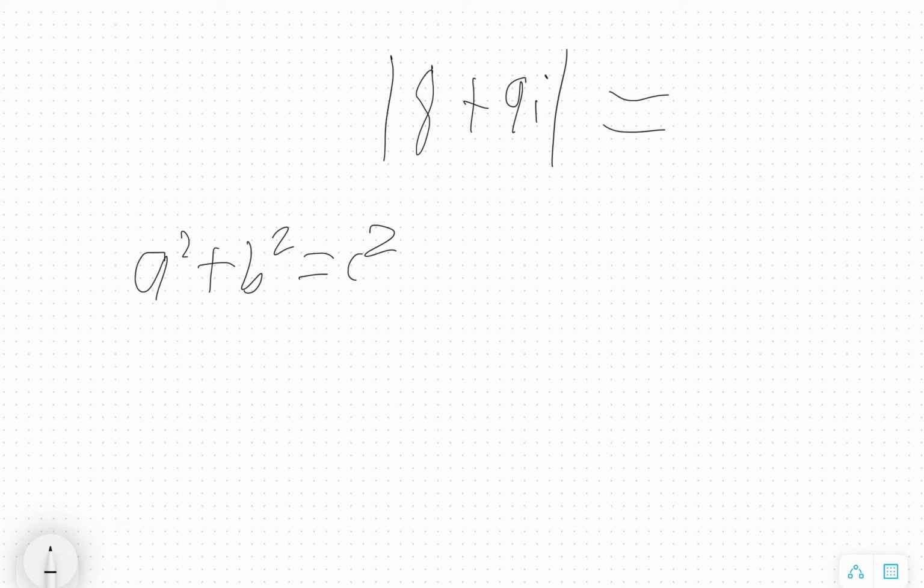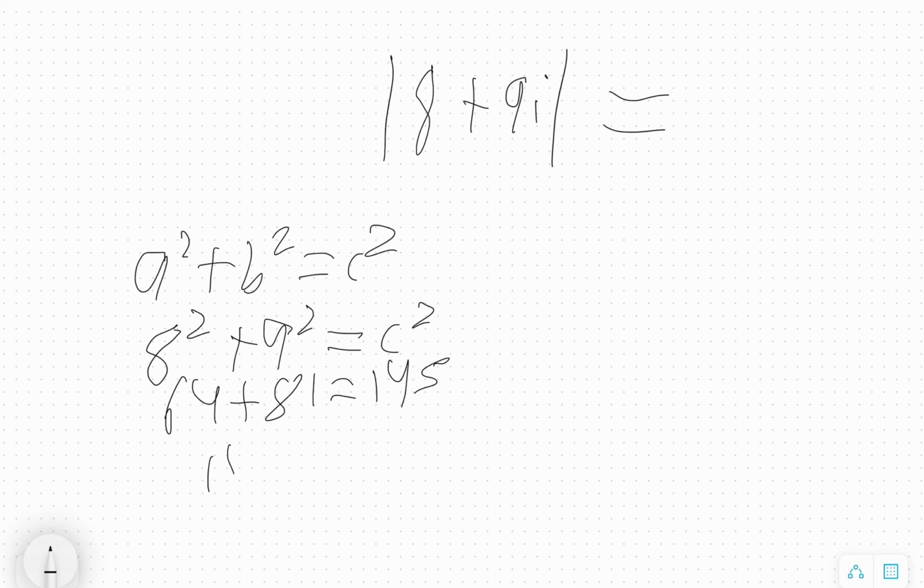But you're going to take both numbers. You're going to take 8 squared plus, not the i, okay? The i is not included. You're going to take 8 squared plus 9 squared equals c squared. So this is 64 plus 81. This equals 145. 145 equals c squared.